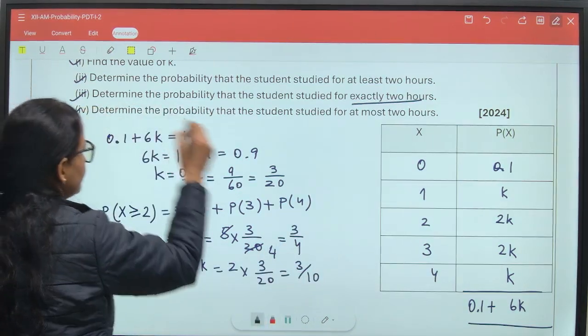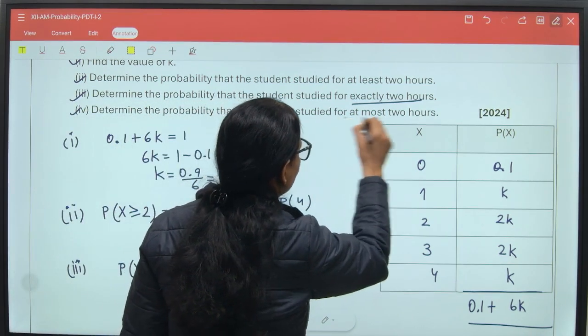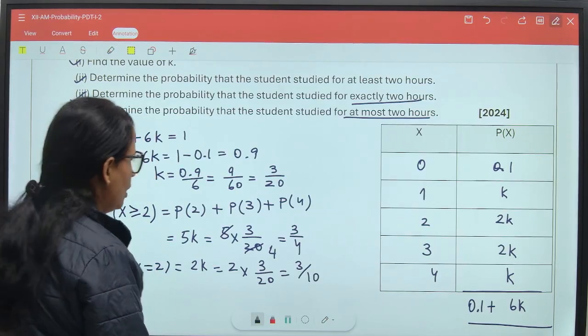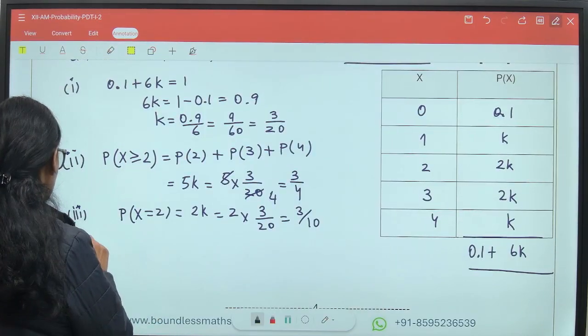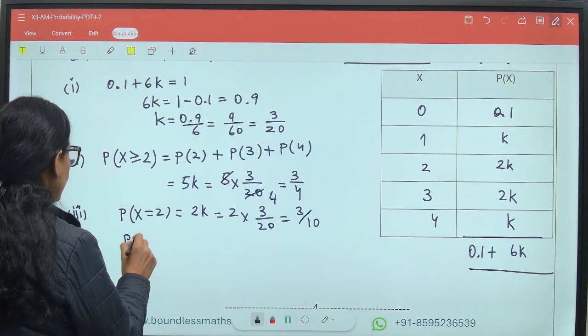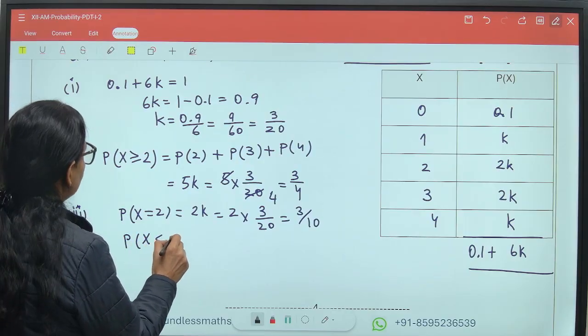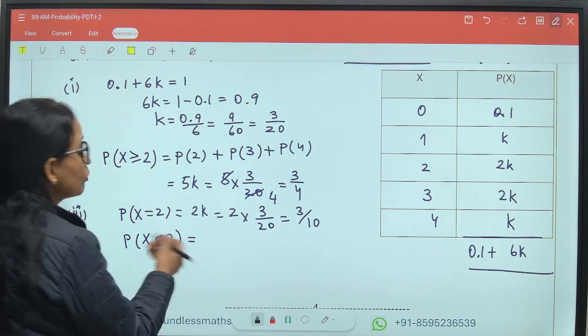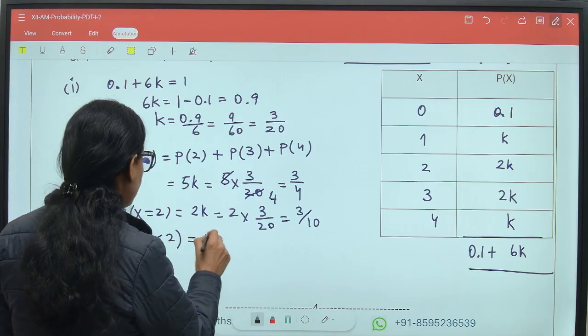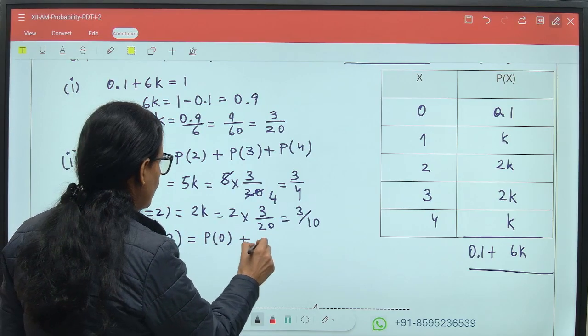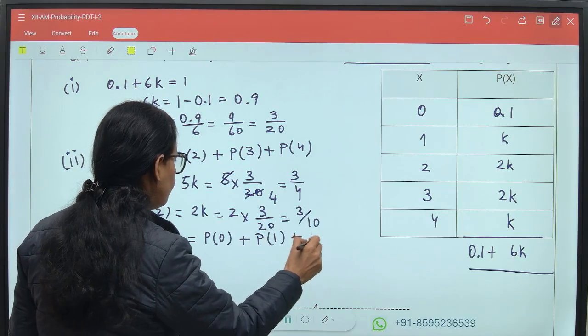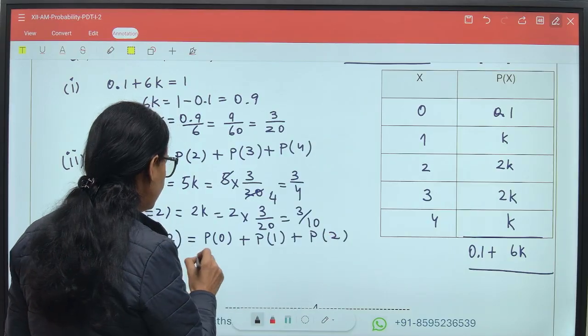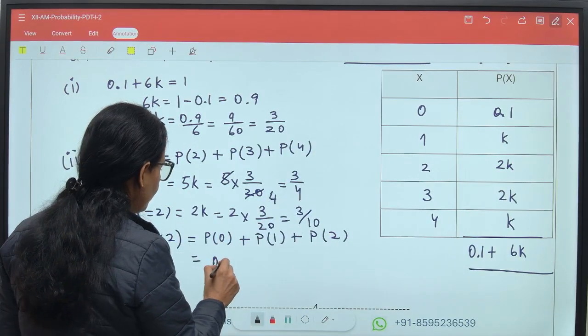And the last part says, find the probability that he studied for at most 2 hours. At most 2 hours means what? Probability of x being less than or equal to 2. At most 2, right? So it is probability of 0, probability of 1 and probability of 2 all put together. Probability of 0 is 0.1.